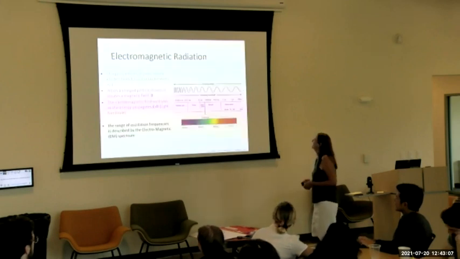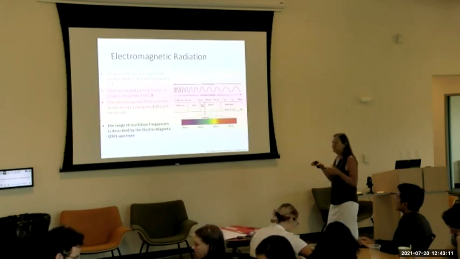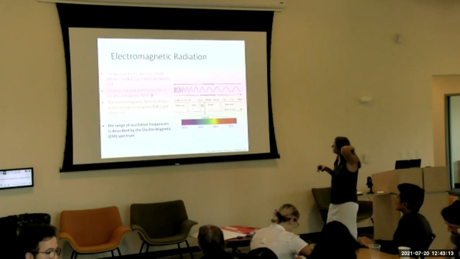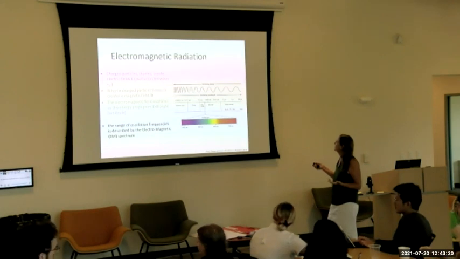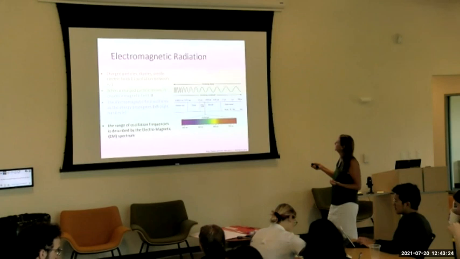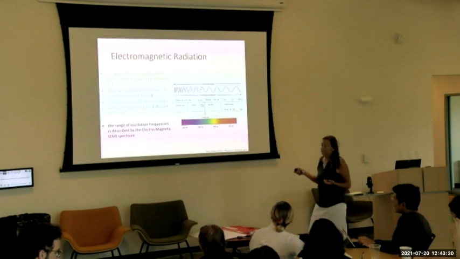Okay, so when we look at the frequencies of these oscillations of the electromagnetic field, that's what's described by the EM spectrum. We can go from gamma rays to radio waves, increasing wavelength, that's what this is meant to show. And it turns out the energy goes the opposite way.